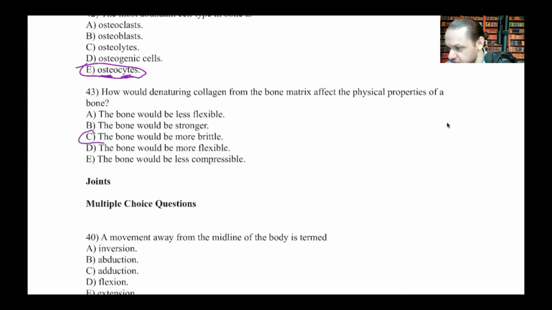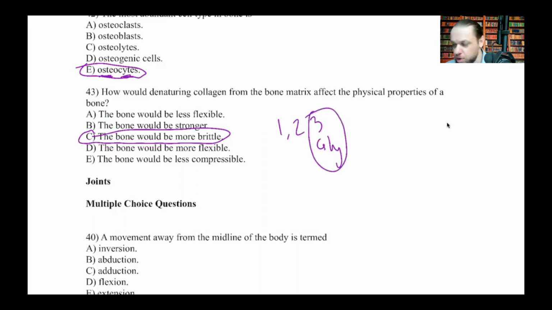So remember, I said collagen, every third one is glycine, right? The reason it's small is that it cross-links very easily with the other collagen fibers, and denaturing collagen will basically make the bone more brittle. That is the correct choice.